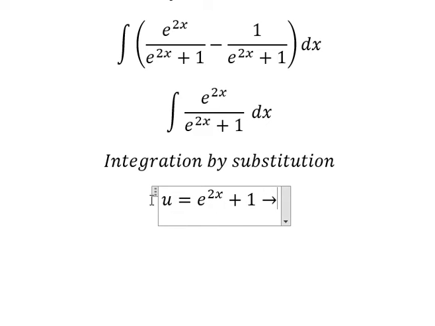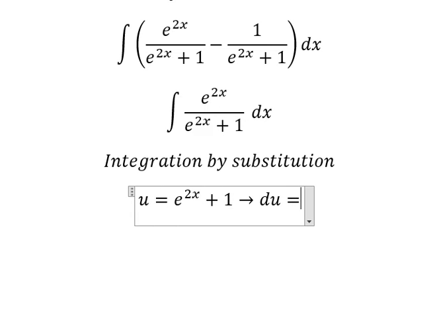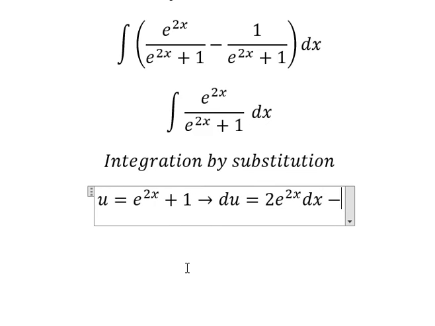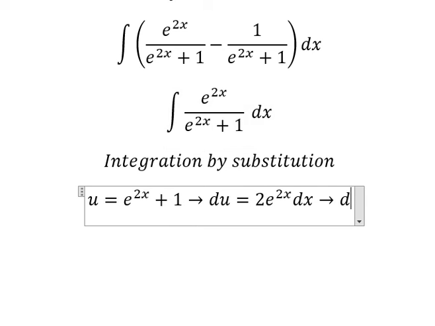Later that, we need to do first derivative for both sides, and we have 2e to the power of 2x dx. This one is the constant, so you got 0. Because we don't have number 2, we divide both sides by number 2.